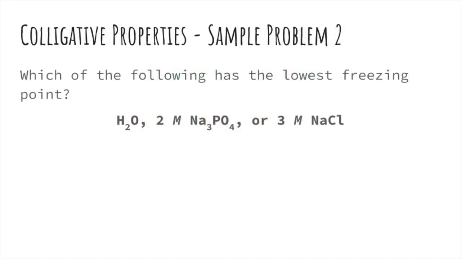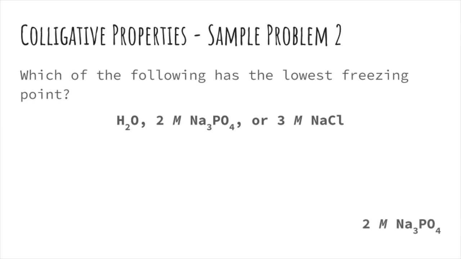Now let's take a look at 3 solutions here and try to predict which one has the lowest freezing point. Assume these are all aqueous solutions except for the pure water, that's just water. So, which one has the lowest freezing point? It's the 2 molar sodium phosphate that will have the lowest freezing point.